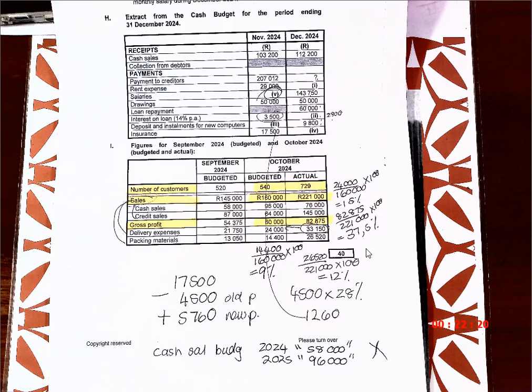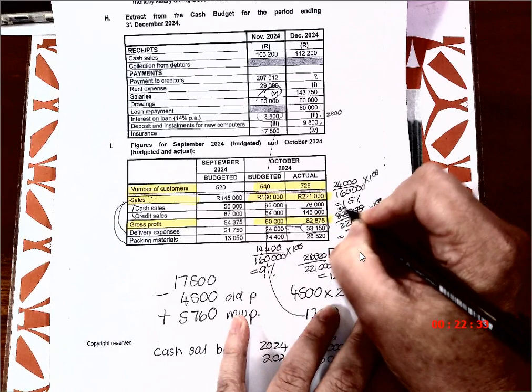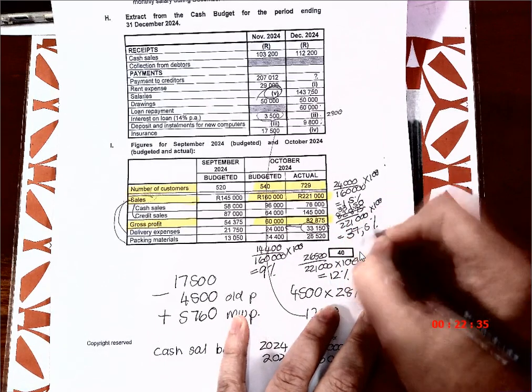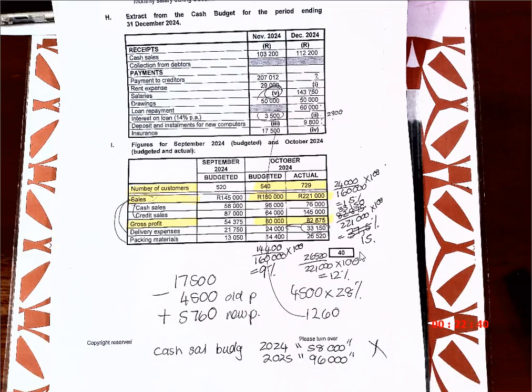Did they do it over the gross profit? No, delivery is 33,150. Oh, it's me that wrote it wrong. So it's okay. It's 33,150, and thanks to everybody who saw that. It's a pleasure.